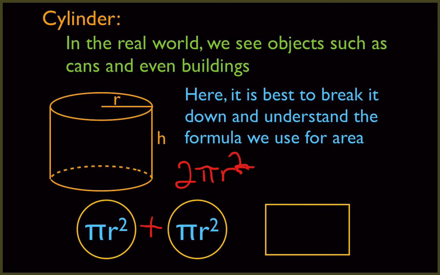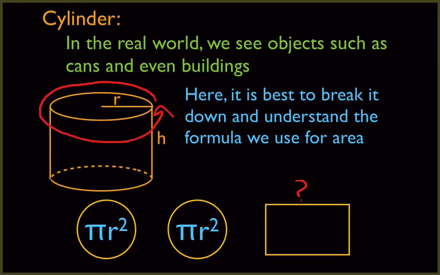Now the other one is a little bit more complicated. If you think about it, this length right here is, when I cut it, the distance around the circle. If I cut down the side right here and unfold it, that distance across the top is the whole distance that was around the circle.